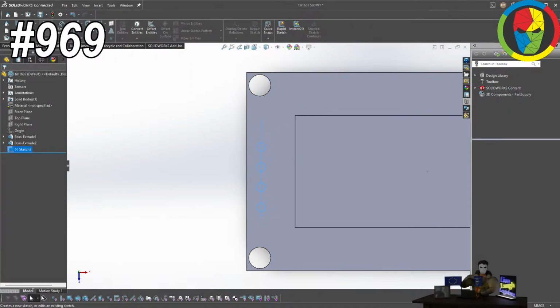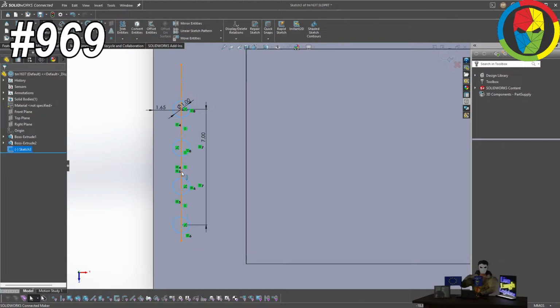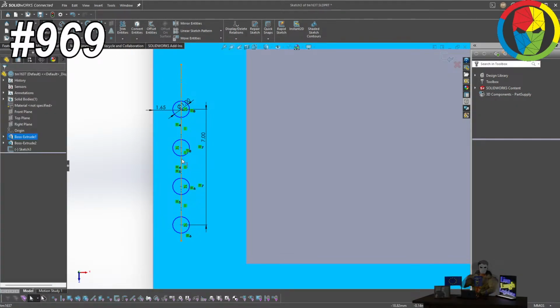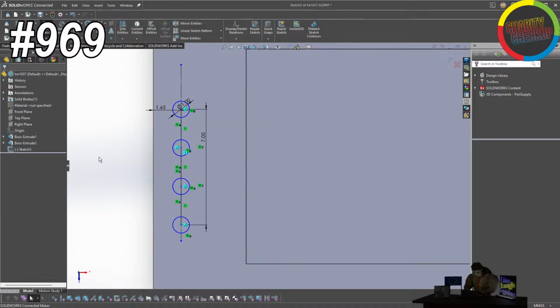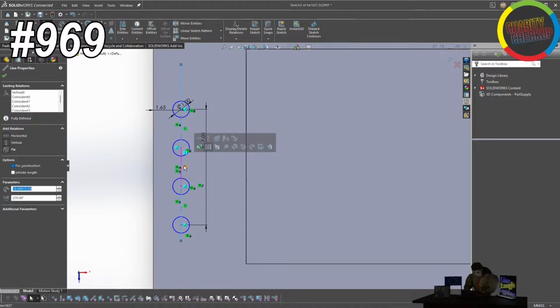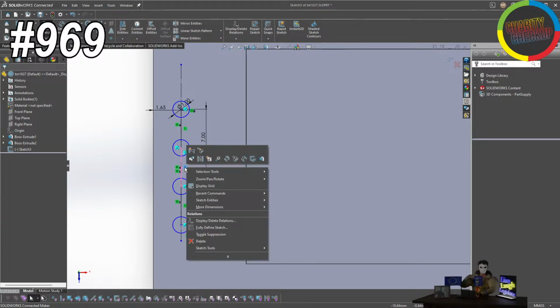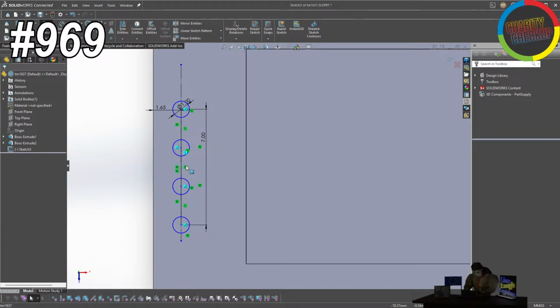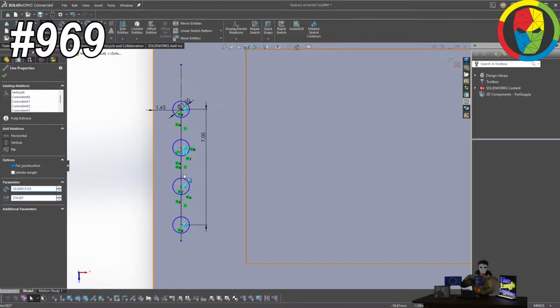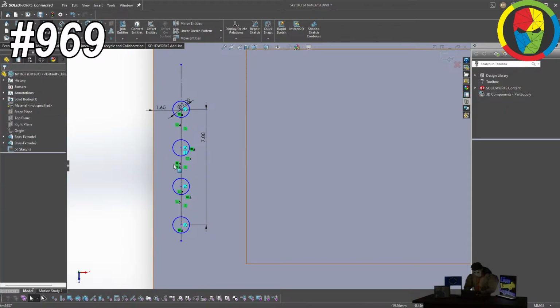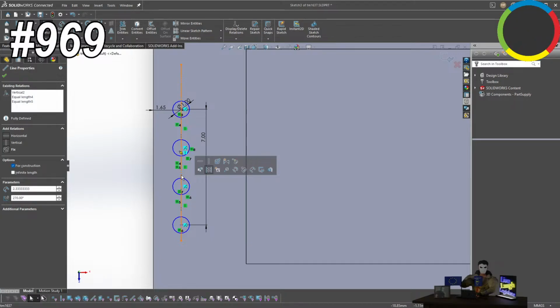Oh wait, one more thing. Right. This line right here. Not you, the other line. Okay, just let me... Jeez, that was way more difficult than it should have been. And then right click, select midpoint. I feel like you're selecting the midpoint of absolutely not the thing I'm asking.